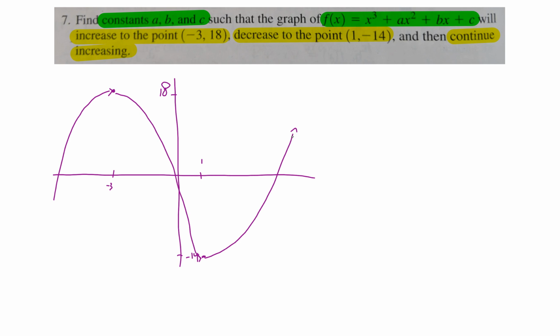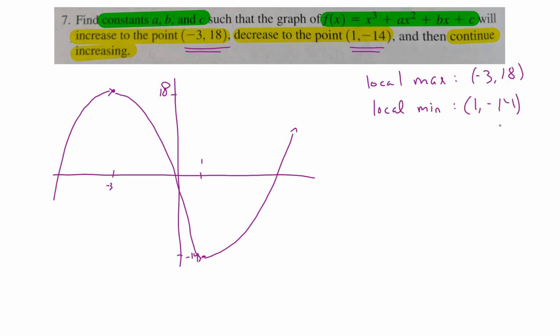So what does that mean? Well, what's not said in the question, but you can assume by the visualization, is that this point here and this point here, well, negative 3, 18 is our local max, and 1, negative 14 is our local min.